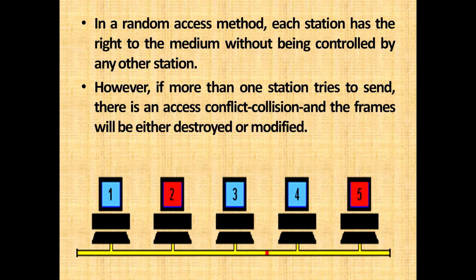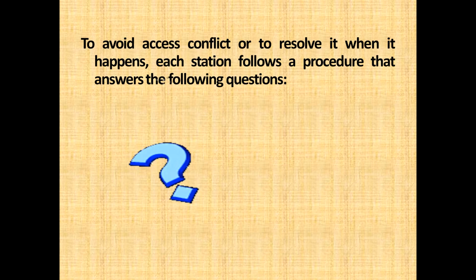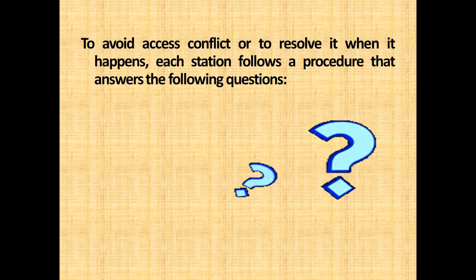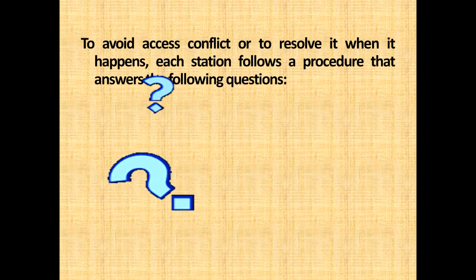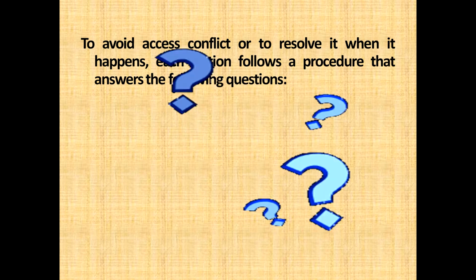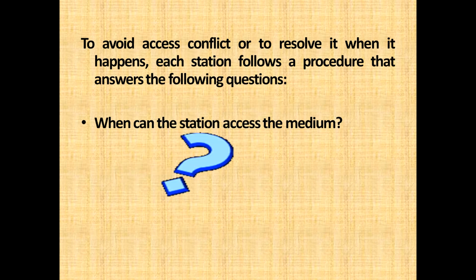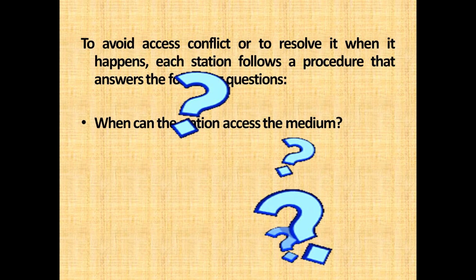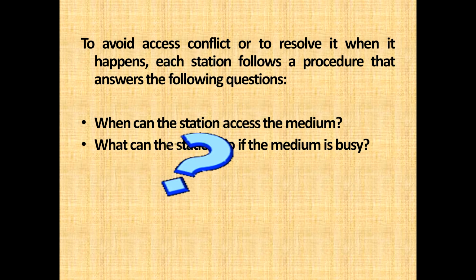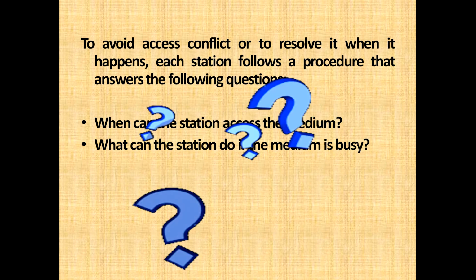You can avoid this problem by answering the following questions. To avoid the conflict, or resolve it when it happens, each station follows a procedure that answers the following questions. The first question: when can the station access the medium? Next: what can the station do if the medium is busy?